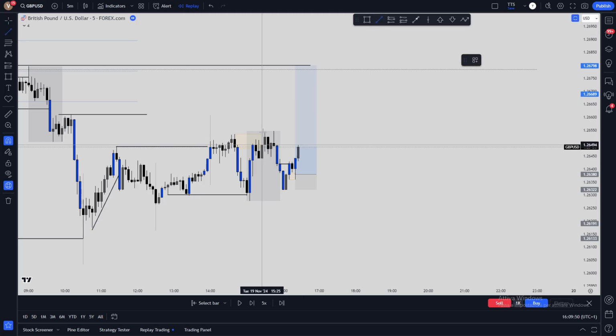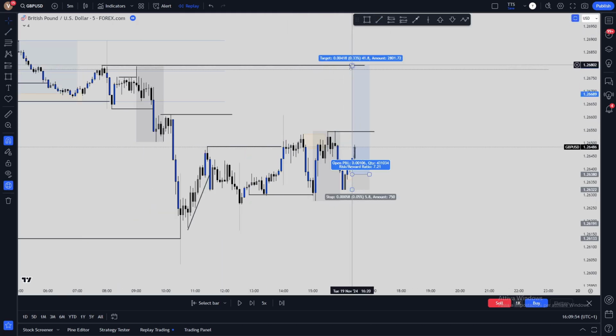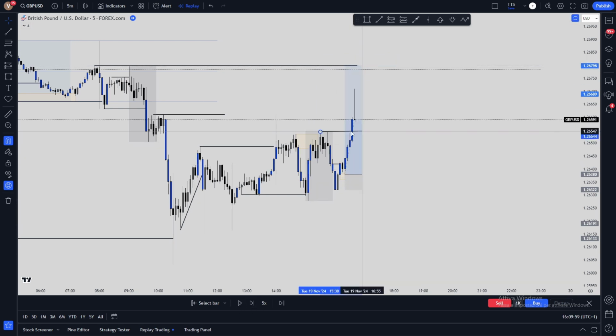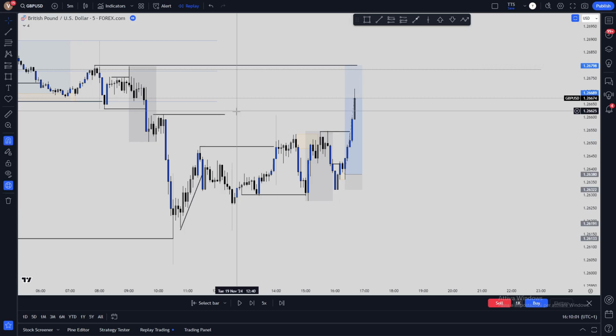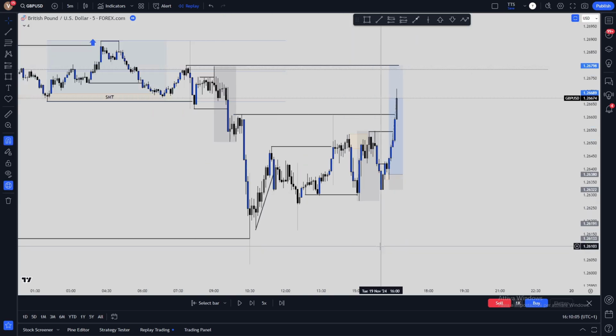Our break-even target is here, and TP1 here, and final TP here. Break-even here, guys, partial, final TP here.